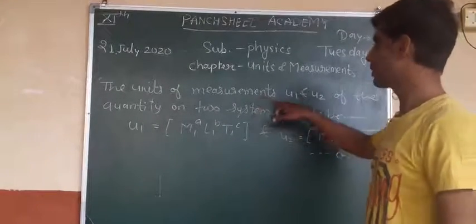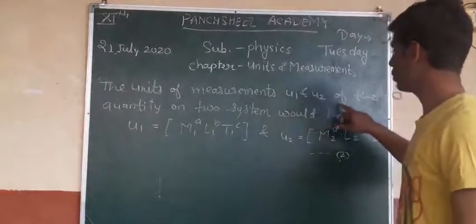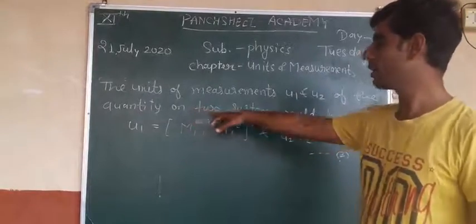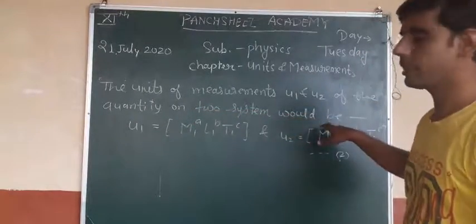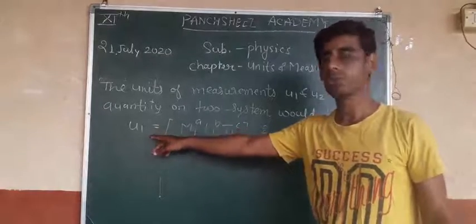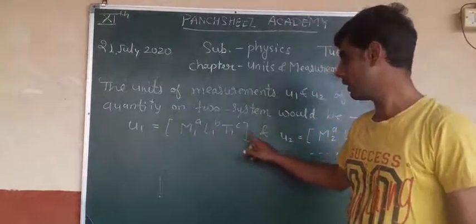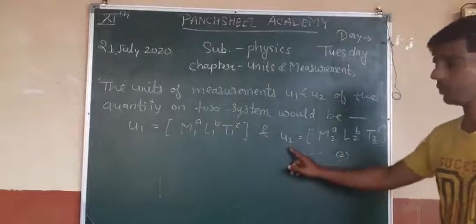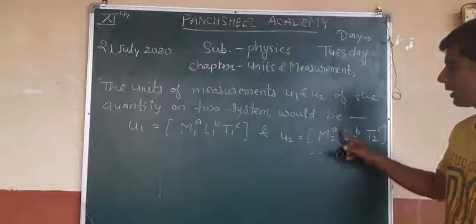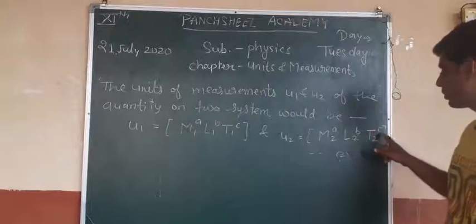The units of measurement u1 and u2 of the quantity in the two systems would be: suppose u1 equal to m1^a l1^b t1^c, and in the other system u2 equal to m2^a l2^b t2^c.